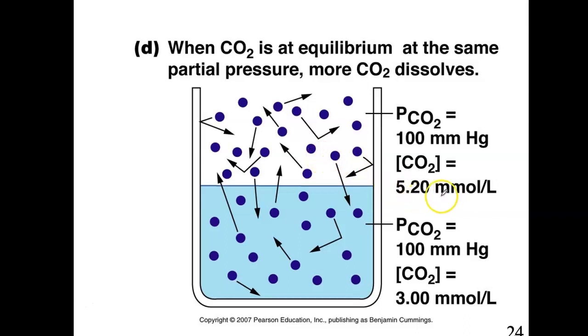I have 5.2 millimoles per liter here and only 3 millimoles per liter in the fluid. I hope that's clear. These diagrams are in your text, so be sure to look at them there over and over again if this is a confusing point.